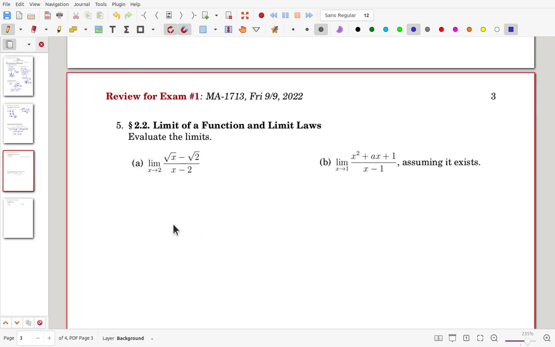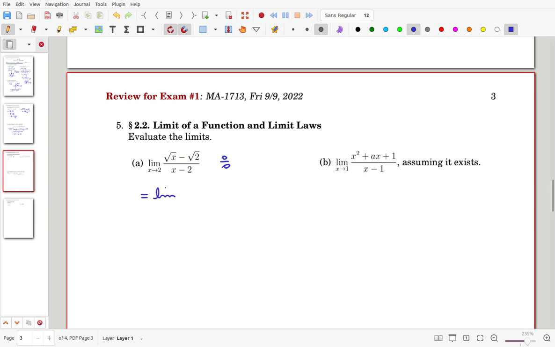Okay, now fifth problem. Let's try to evaluate the limit. As x approaches 2, clearly the top and bottom simultaneously approach 0, so that is a 0 over 0 shape. Now we can rationalize the expression.